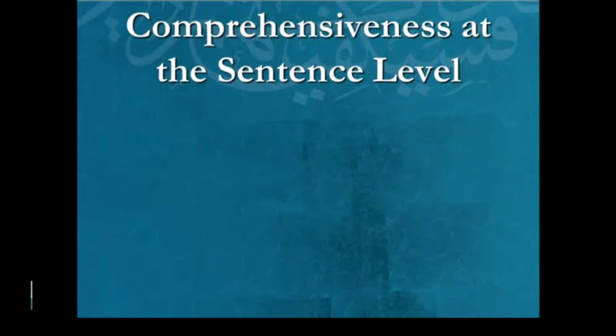Okay, now if you remember, in the first week, in the first video, the istansaru example that was presented was done in order to highlight the comprehensiveness of the Arabic language at the word level, that what looked like a single word ended up giving us 7 meanings.